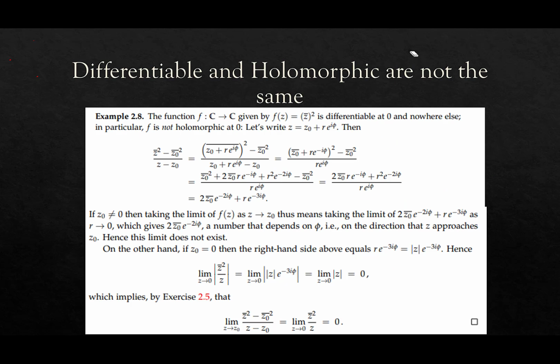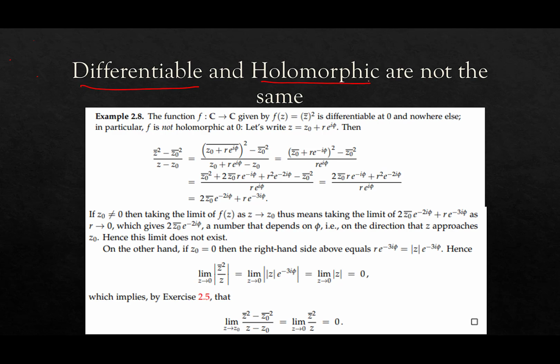All right, so something that's really important to get straight is that differentiable and holomorphic are not the same thing. They're not interchangeable. And remember, the reason for this is just from a definition standpoint. Holomorphic is stronger than differentiable.